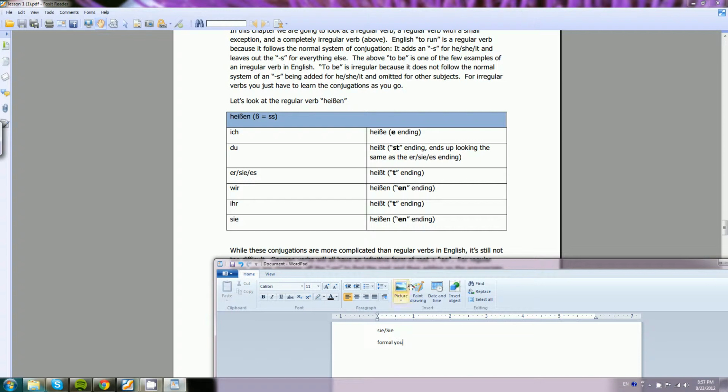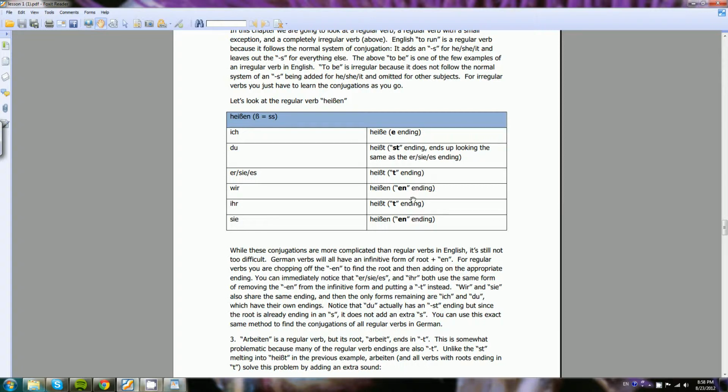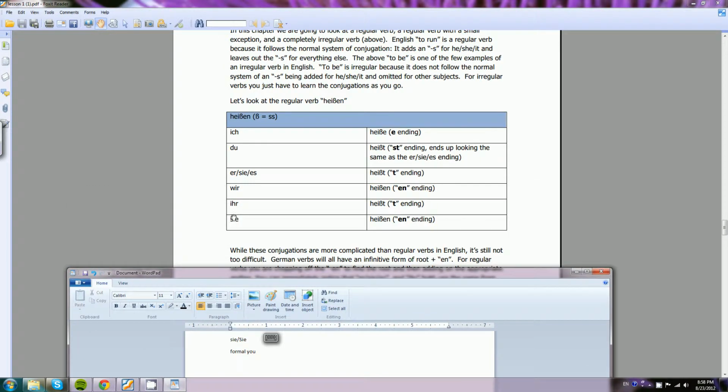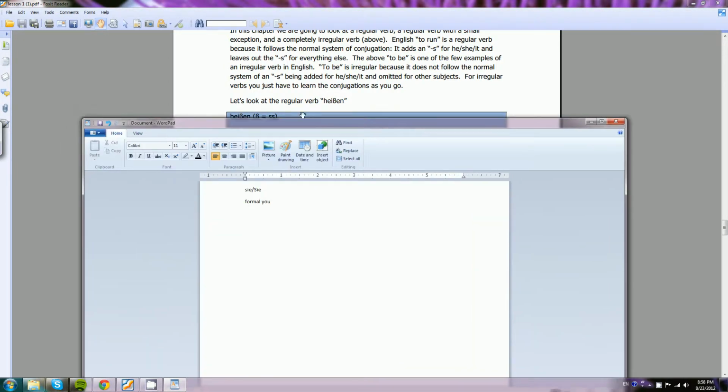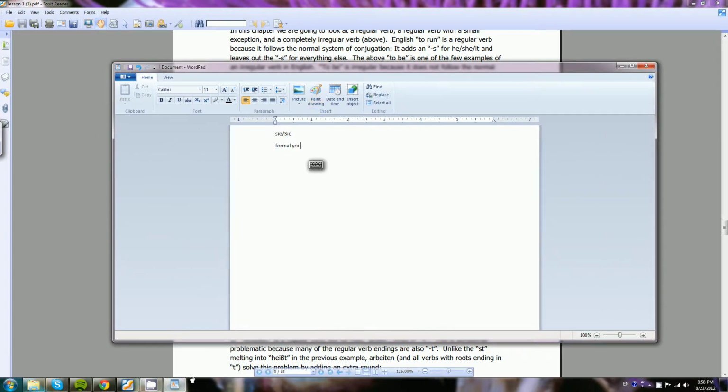So if you're talking to a professor or your boss or somebody much older than you, or even a stranger, you'll use the formal version of "Sie," and it's conjugated the same as "they." It's really easy to remember that conjugation. I just don't want to put it on the chart. I just remember when I was learning German, they always included it on the chart, and I just found it unnecessary.